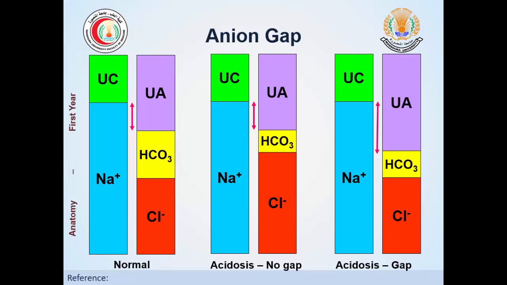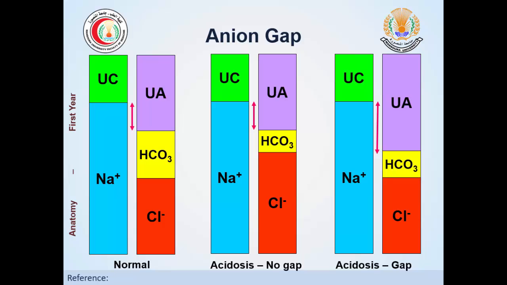If we look at the second figure, which is acidosis with no gap, we'll find that the gap is still normal, but the unmeasured anion is normal, bicarb is abnormally decreased, and the chloride is increased. So the anion gap is normal in acidosis with no gap. There is loss of bicarb here.